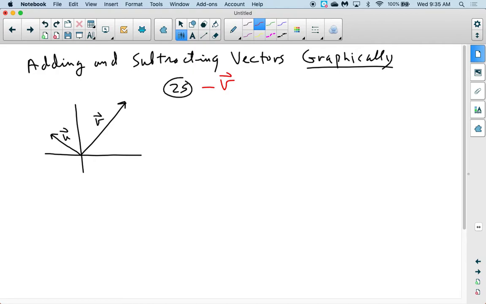So let's talk about what this means, negative V. Well, if you think of V as having components, or having a component form, right? Vx, Vy. This negative we call a scalar, or a scalar multiplier.